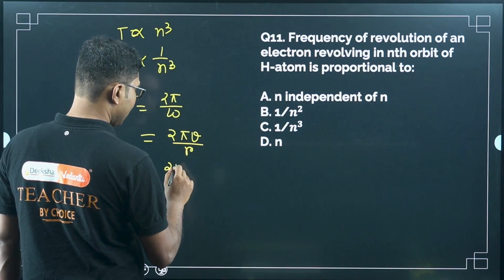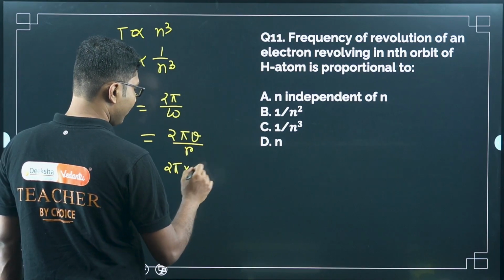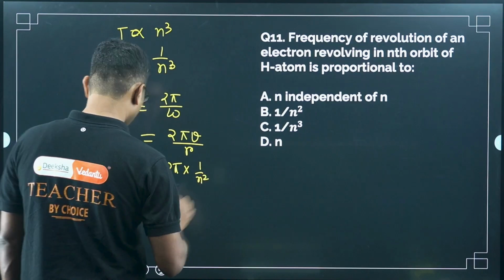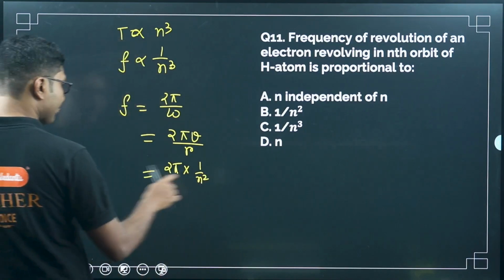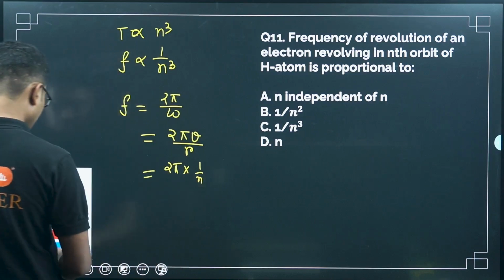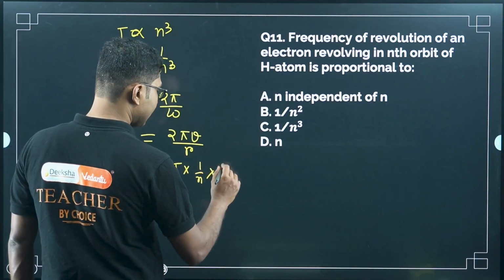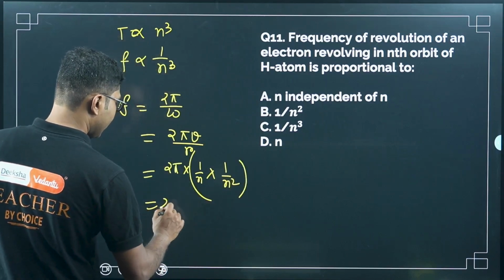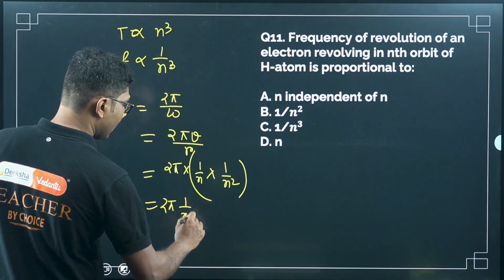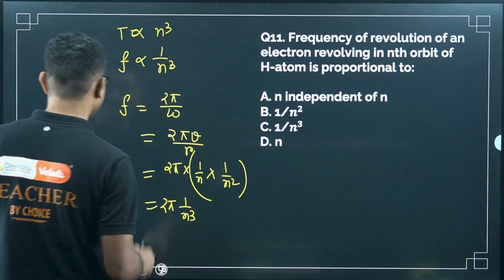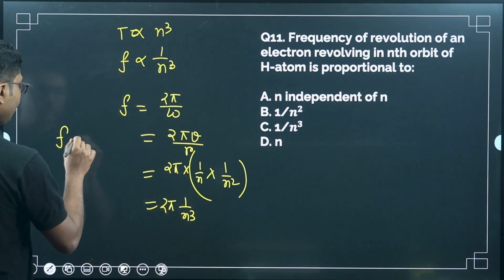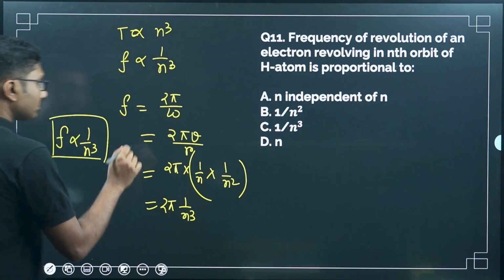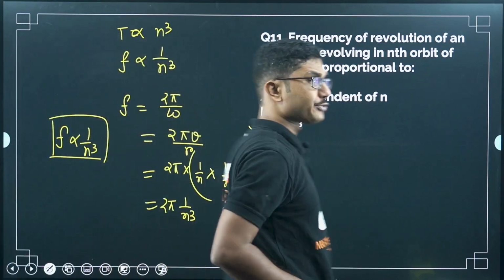V is proportional to 1 by n and R is proportional to n square. Because R is in the denominator, it will be n square. Multiply them, then we get 1 by n cube. This is a proportionality equation, not the exact equation. So f is proportional to 1 by n cube. So the correct answer is option C.